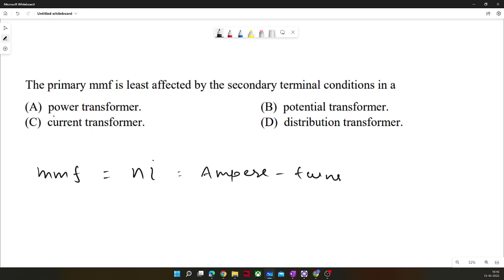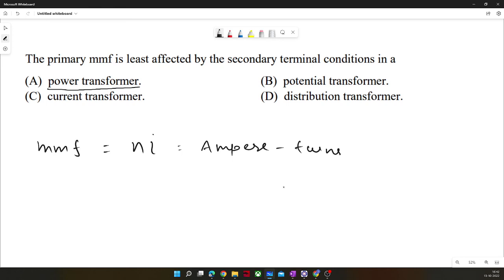So power transformer is generally a voltage source transformer, right? So here your voltage will get transferred, right? Potential transformer, and this power transformer is connected at transmission lines.